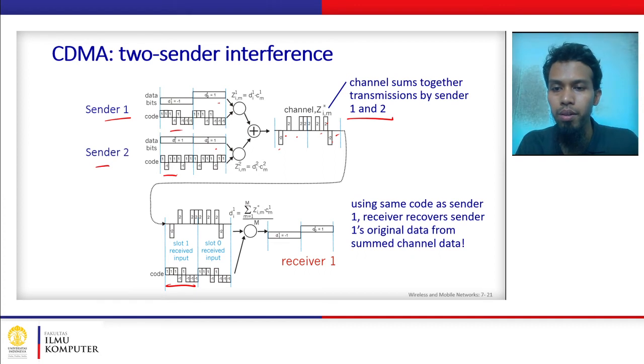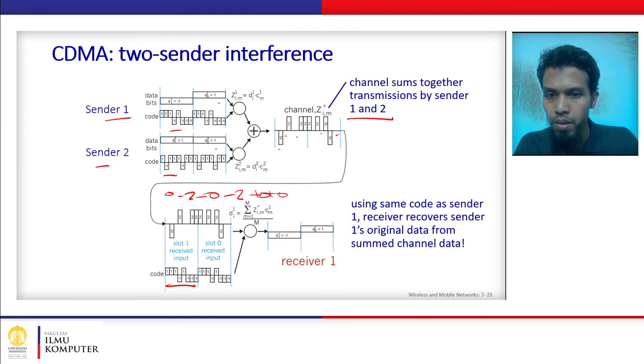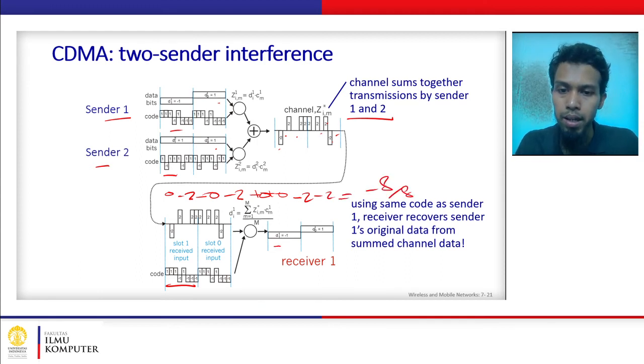For slot 1, 0 times 1 is 0, 0 times minus 1 is 0, and then we get minus 2 in several positions, plus the zeros, so we end up with minus 8 divided by 8, so we get minus 1.